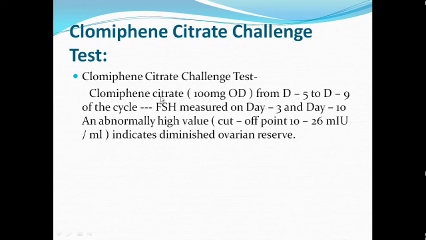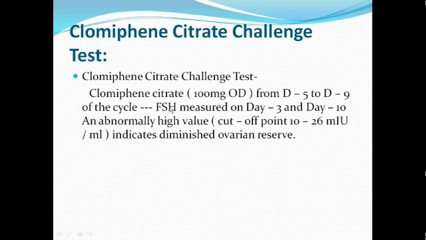If you do ovulation induction with clomiphene citrate, because of its anti-estrogenic effect, there is no negative feedback of estrogen to the hypothalamus and pituitary, so it will raise the FSH value.